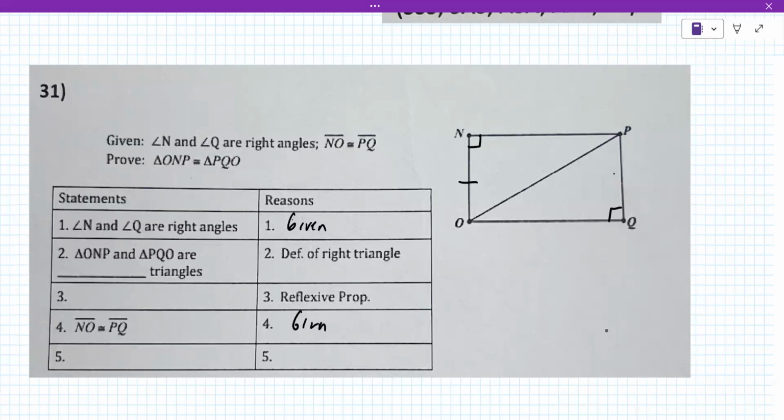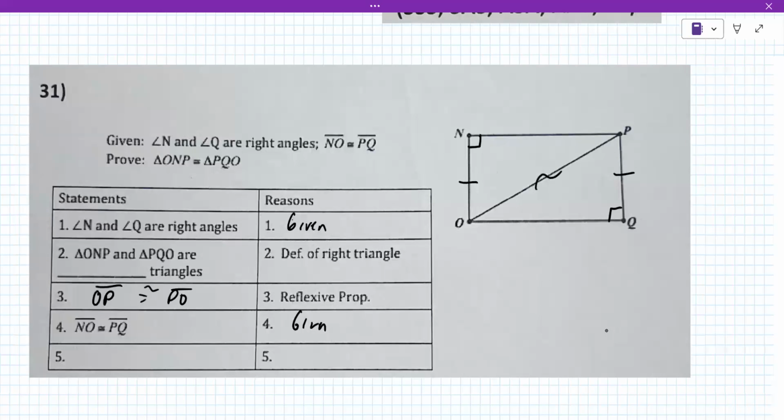NO is congruent to PQ. Sometimes they do that. And I think I already know what number 3 is. OP is congruent to PO.